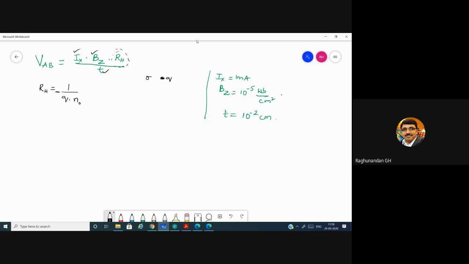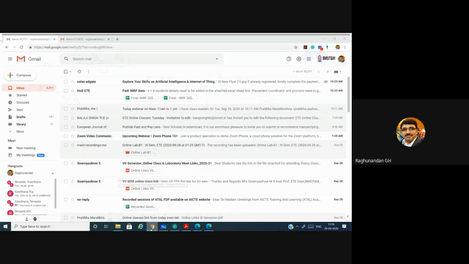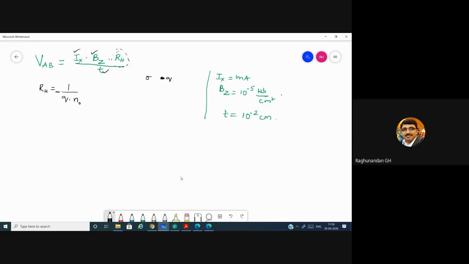Anybody? It's a very common sense question. Why did I not use minus Q in conductivity? Leave out the Hall coefficient. Why didn't I use minus Q there?